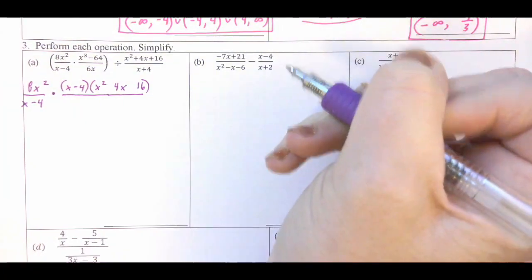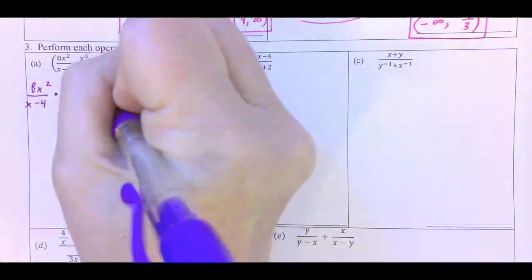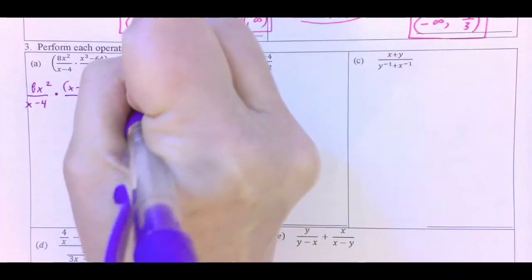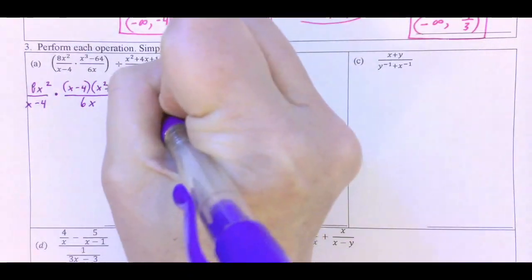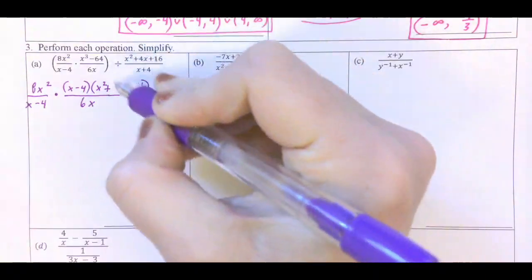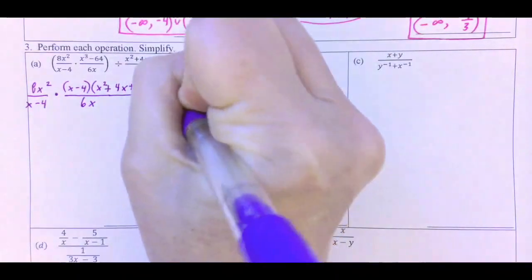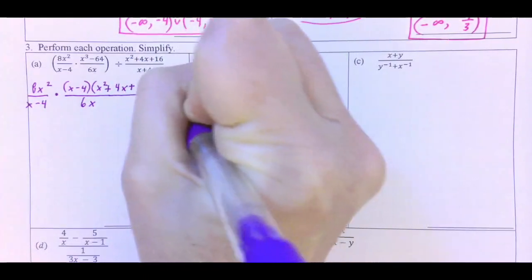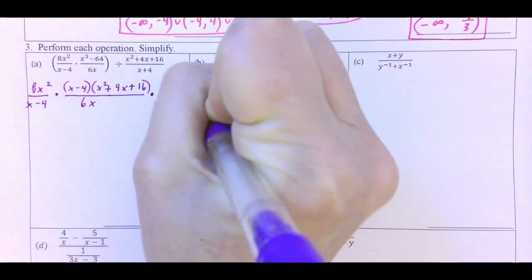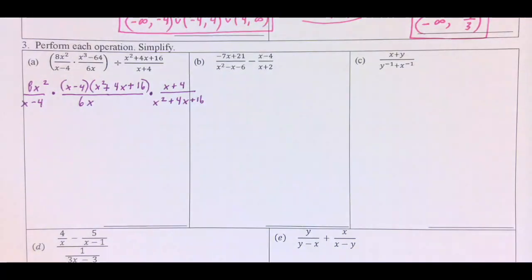Follow the SOAP: same sign, opposite sign, always positive. And then I have a 6x right here. And then it's going to be times, because I'm going to take the reciprocal, x plus 4 over x squared plus 4x plus 16. Okay, look what I did there, right?